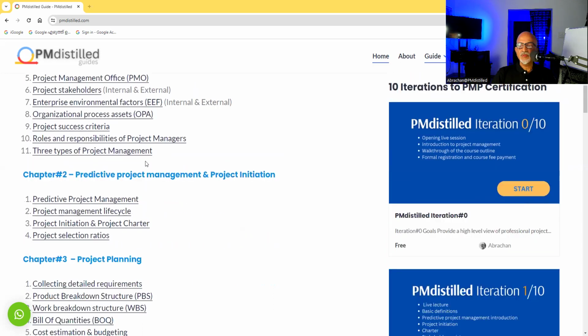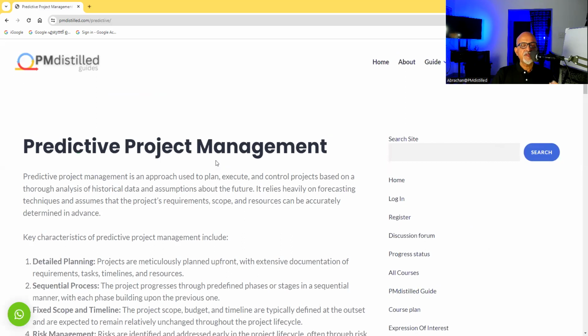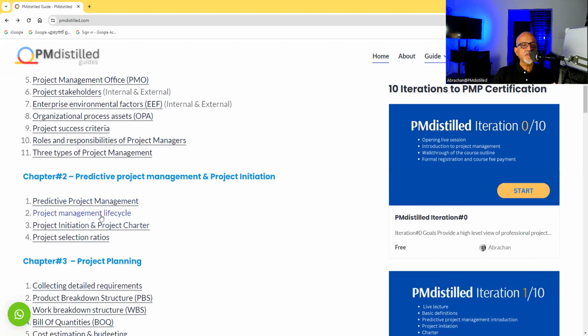In chapter two onwards, we focus more on the predictive project management aspects and project initiation. So it starts with what is predictive project management. So here we have the links. You click on it straight away. It will take you to the page explaining predictive project management, and then the project management life cycle.